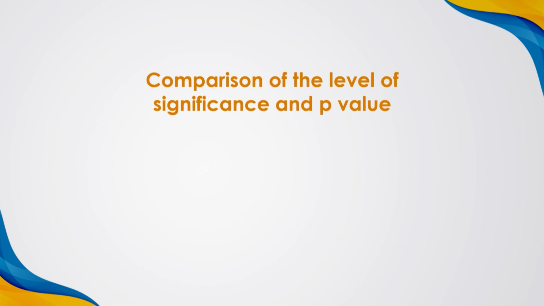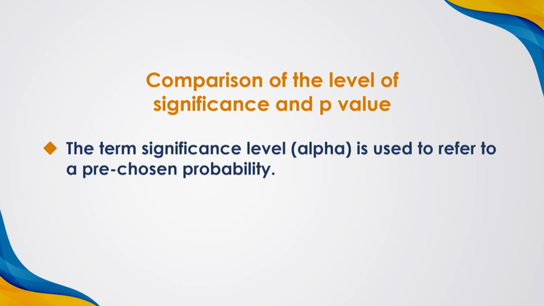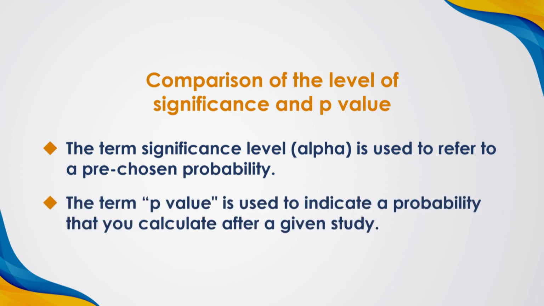Comparing the level of significance and p-values, most of the time you may be confused. They are similar, but there is a difference between level of significance and p-value. The term significance level alpha is used to refer to a pre-chosen probability. The term p-value is used to indicate a probability that you calculate after a given study.